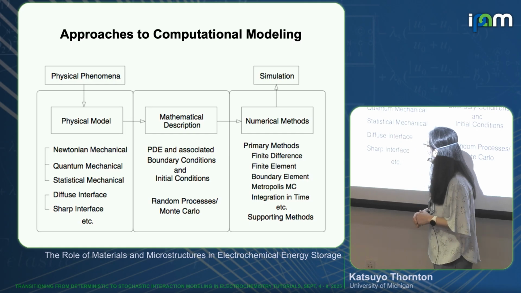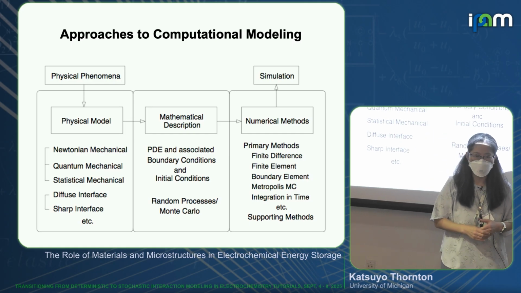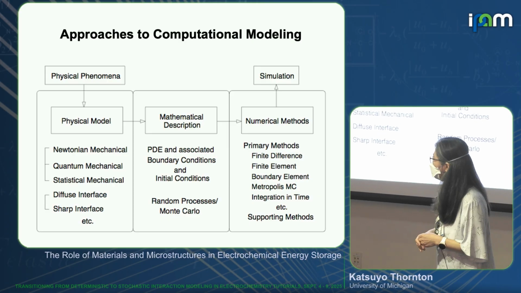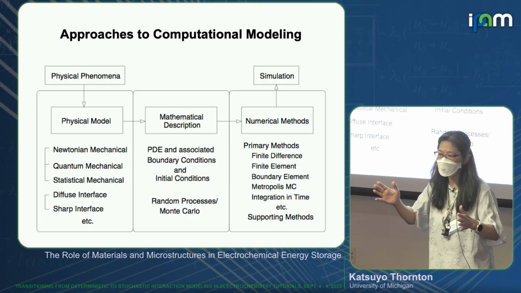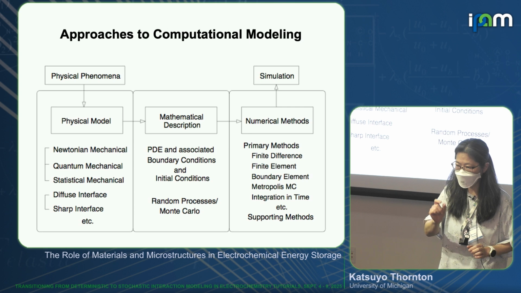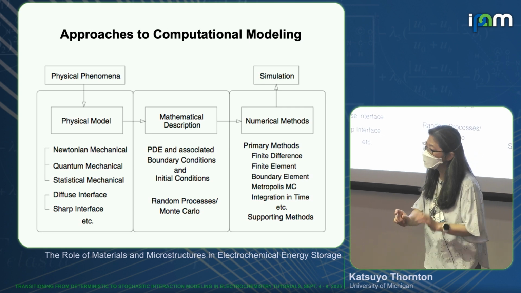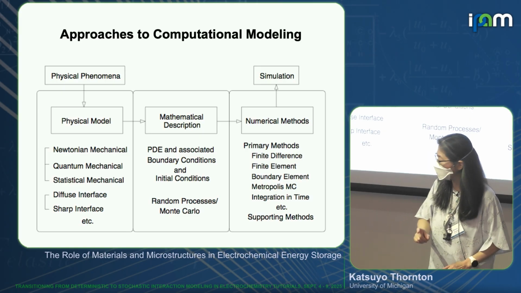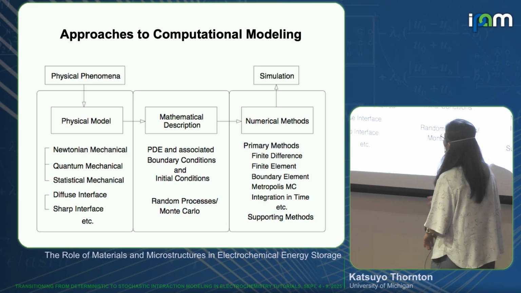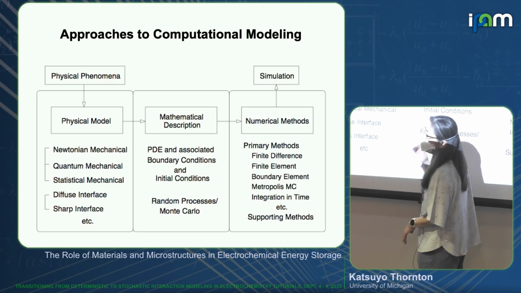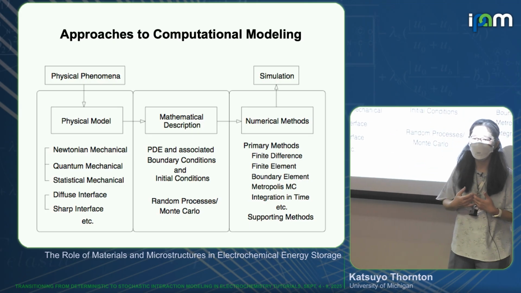Another approach is called diffuse interface method. You assume that these regions occur over some finite thickness. It could be physical, but often it's an approximation. But it allows us to solve the equation in a much simpler way.